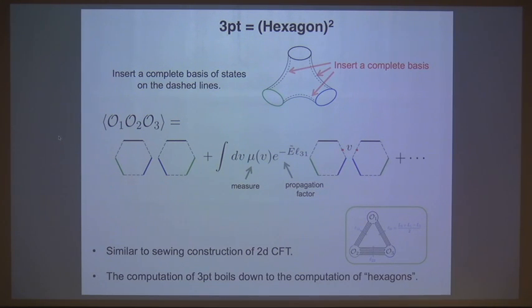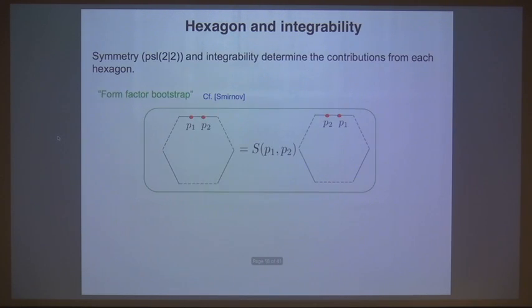So the next question is how to compute these hexagons. It turns out you can actually use the symmetry, which is the centrally extended PSU(2|2), and integrability to compute these contributions from hexagons.